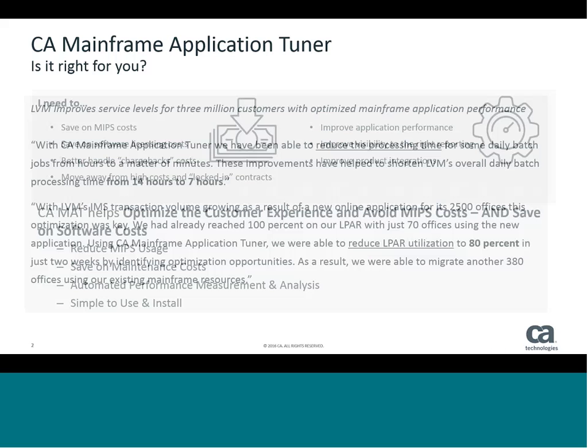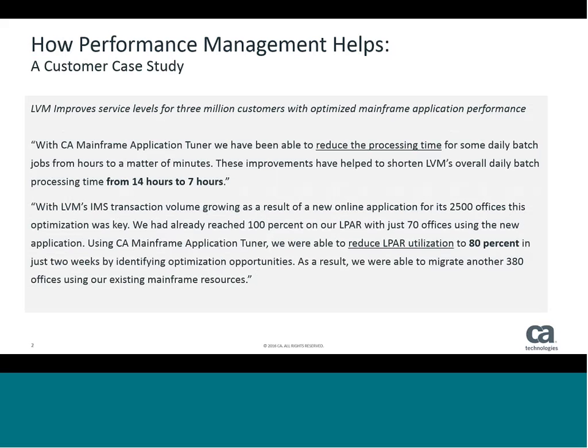So I think we go to the next slide, Marvin. We'll start off with a quick case study. A key MAT customer was having both a batch performance issue as well as an online issue. It was a very large company located in Germany, a very large insurance company, I believe. What they utilized MAT for, first of all, was to reduce their batch windows.